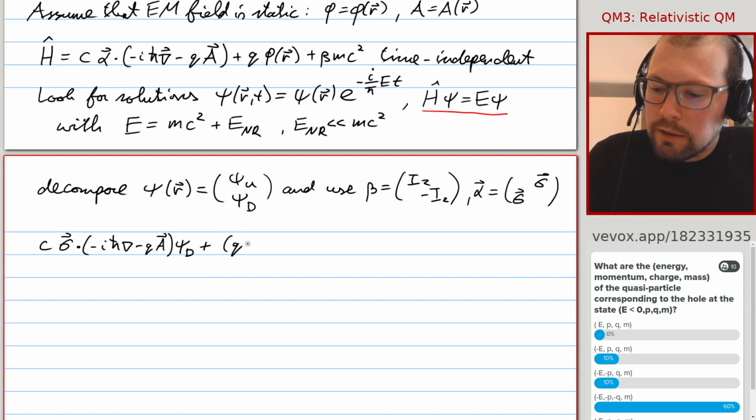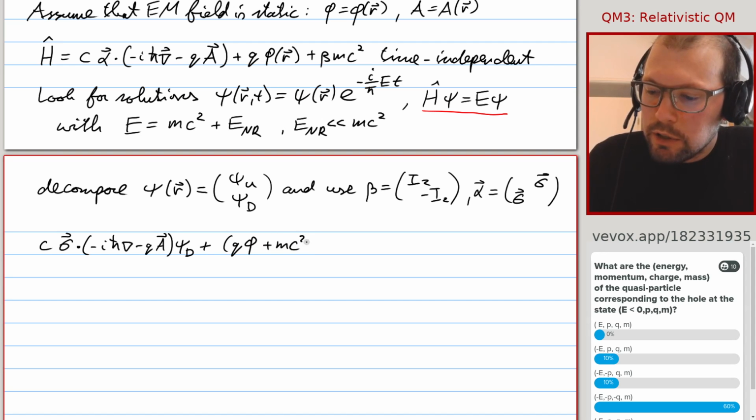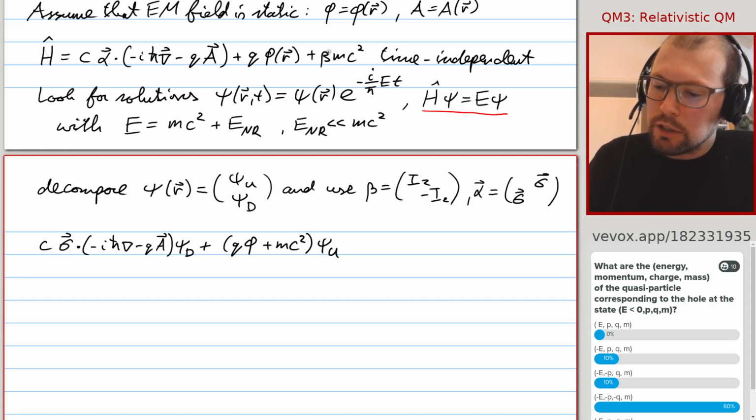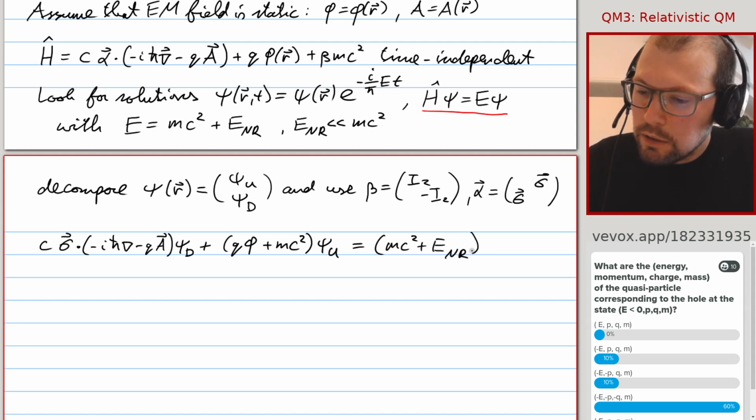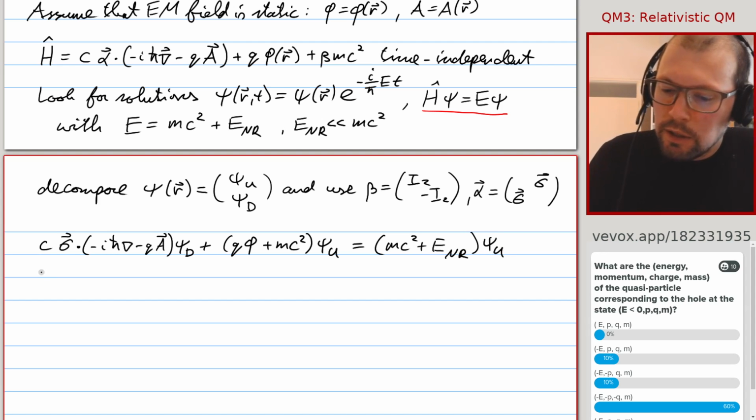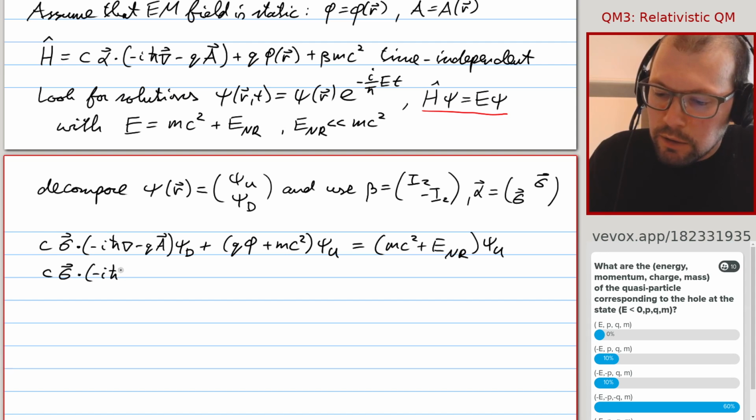Then we get this part, q phi plus mc squared times psi_u, because now we pick up the plus sign for the beta matrix. And this should be equal to mc squared plus the non-relativistic energy times psi_u. And then similarly for the other equation, we get the off-diagonal term.